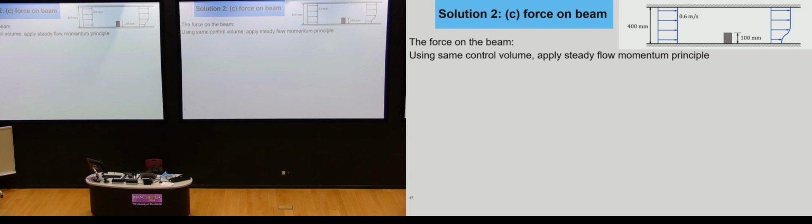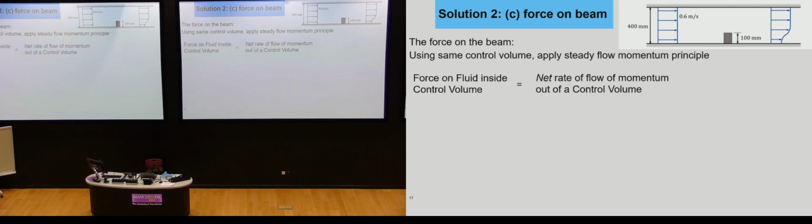So we use a control volume as we did before, and we're going to apply the steady flow momentum principle. The force on the fluid inside the control volume is equal to the net rate of flow of momentum out of the control volume. This is a consequence of Newton's second law. This is how we apply it to fluids with a control volume approach.